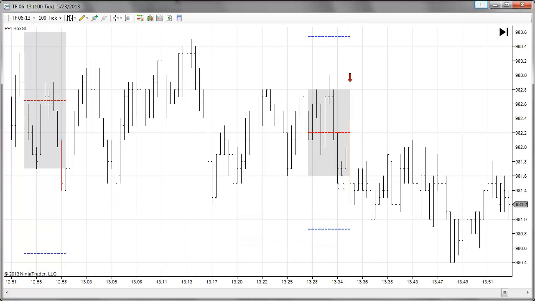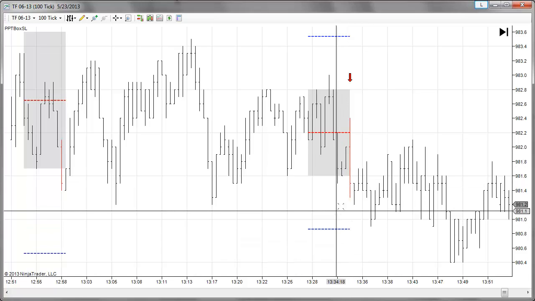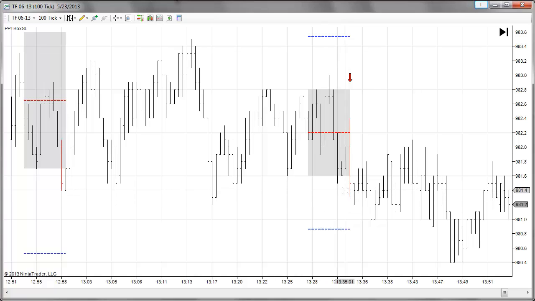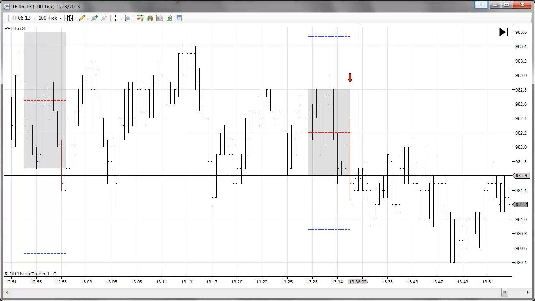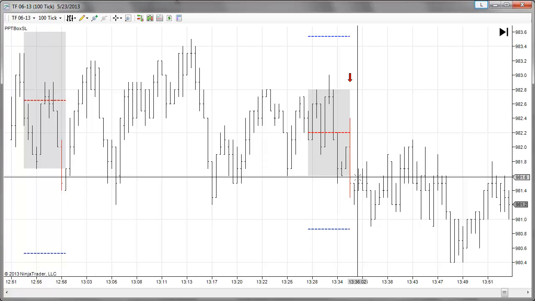You can take profits anywhere in here and be satisfied. I have a couple traders that trade this, and they don't try to go for very much. When they're at 250 bucks for the day, they're done, and that's usually 1 or 2 trades. So they make 1 or 2 trades a day and they're done. They're happy. That's fine for them. Everyone's going to be a little bit different.